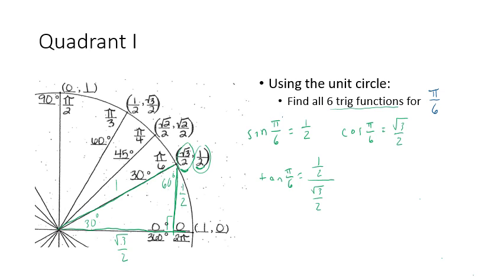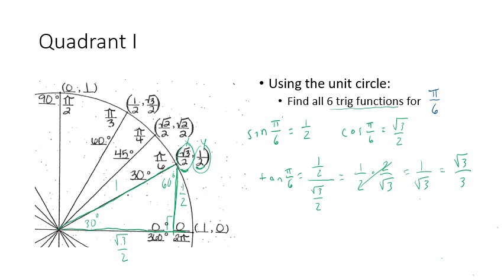Okay, we'll clean that up a little bit, but keep in mind that would be the same thing as taking the y value and dividing by the x value. So to clean that up, 1/2 times 2 over root 3. All right, that's just 1 over root 3. We can rationalize, that's root 3 over 3.